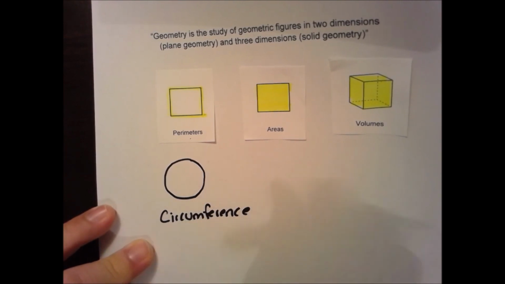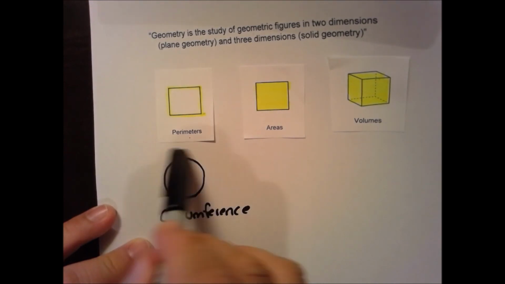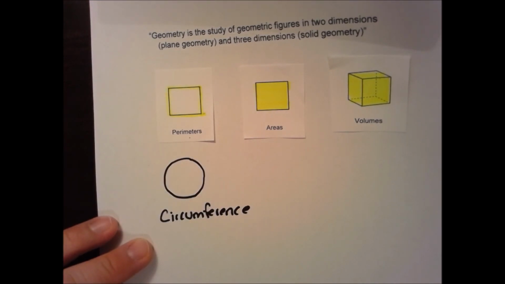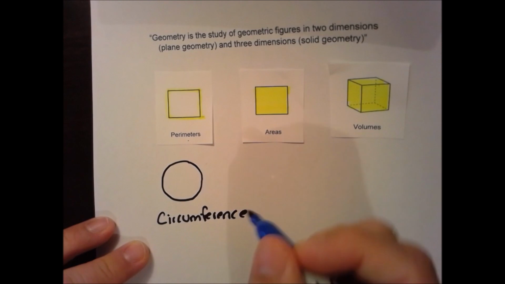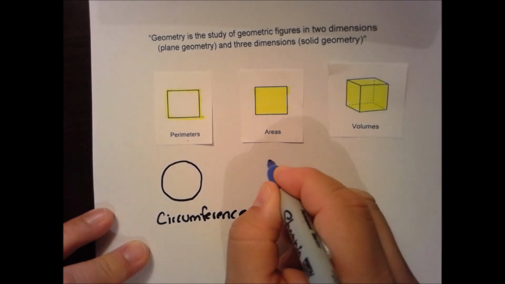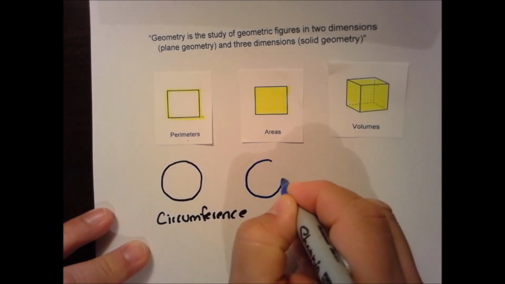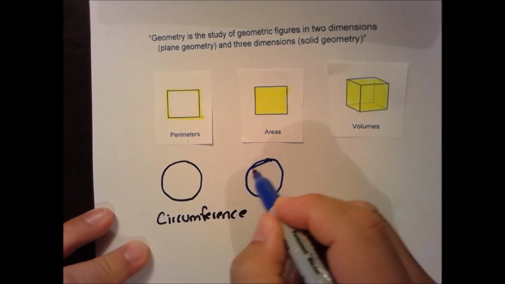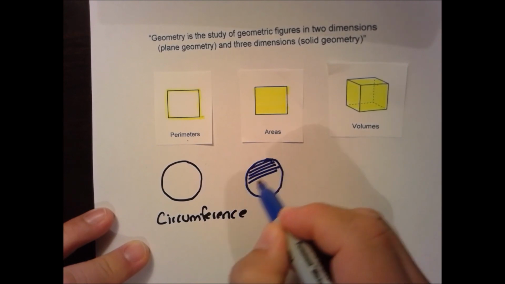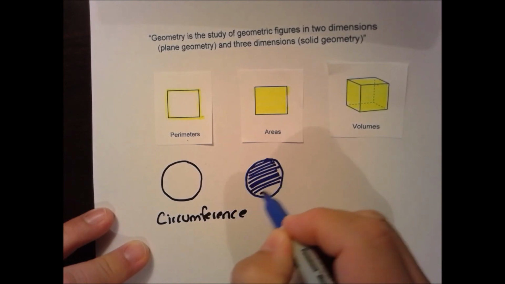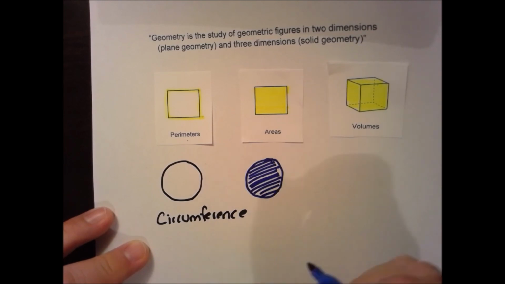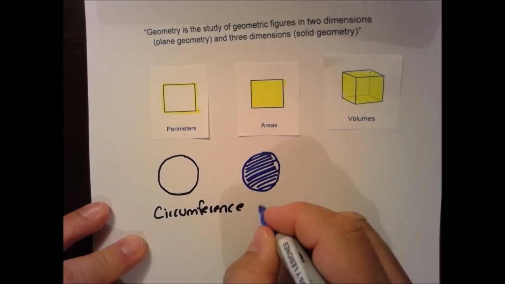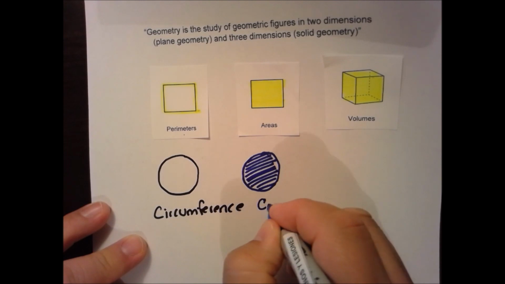The circumference is talking about the outer round of a circle. But if you are referring not only to the circumference but also to the inside, in that case, it is going to be a circle.